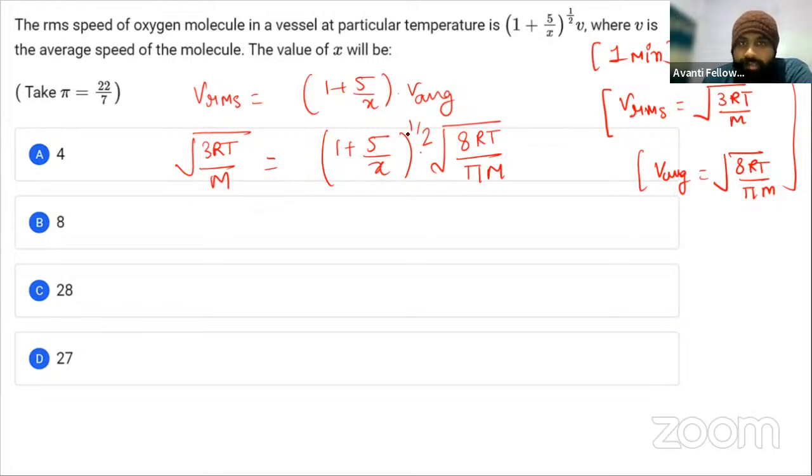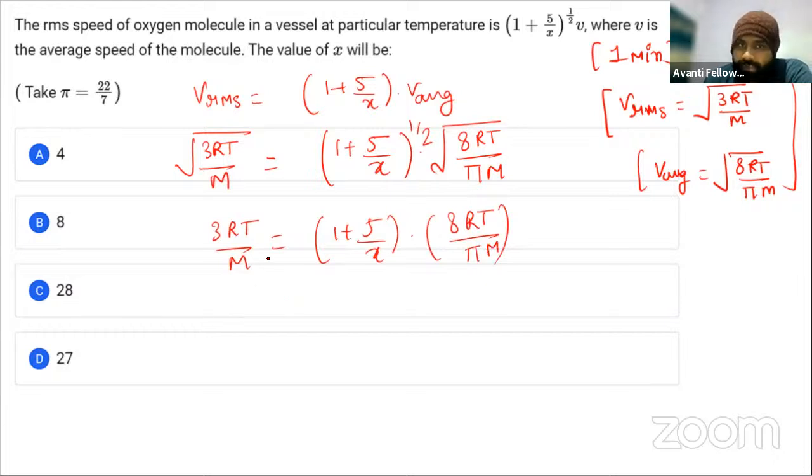So if you square both sides, what will you get? It is 3RT upon M equals 1 plus 5 by x into 8RT upon pi M. Now RT upon M and RT upon M will cancel out, and this will become 3 pi by 8 equals 1 plus 5 by x.